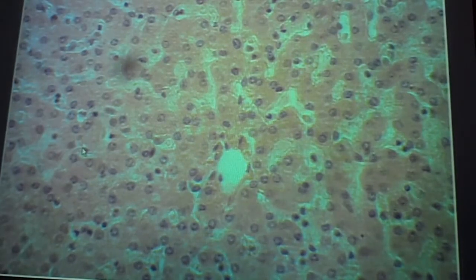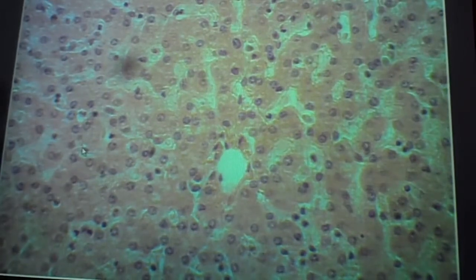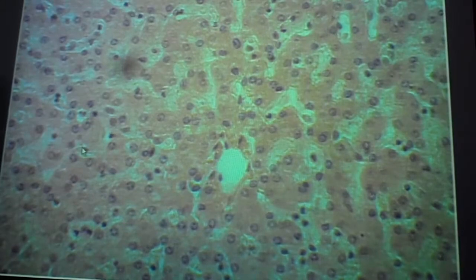You might want to turn in your textbook, if you've got it handy, to page 883. It's got a diagram of the liver. And it shows one of the functional units, which is called the lobule. Right in the middle is the central vein. And then you'll see those channels that drain blood into the central vein are the hepatic sinusoids.